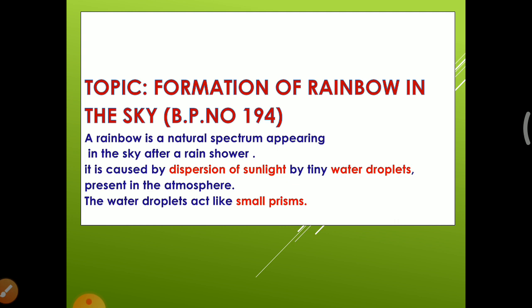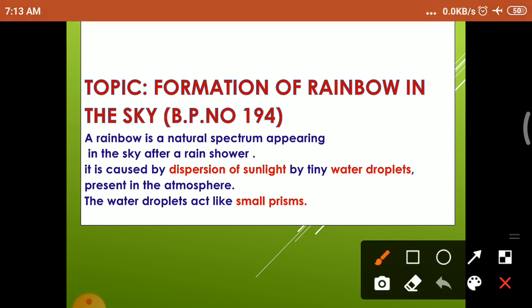It is caused by the dispersion of sunlight by tiny water droplets present in the atmosphere. The water droplets act like small prisms. After a rain shower, we know that many tiny water droplets are present in the atmosphere.